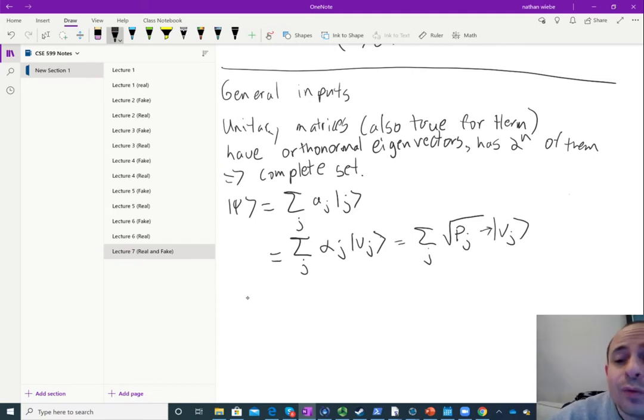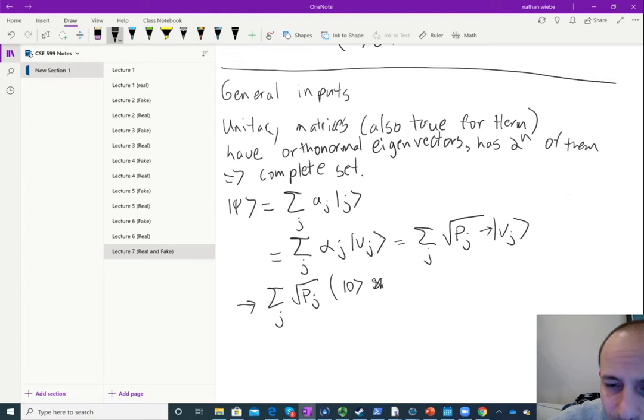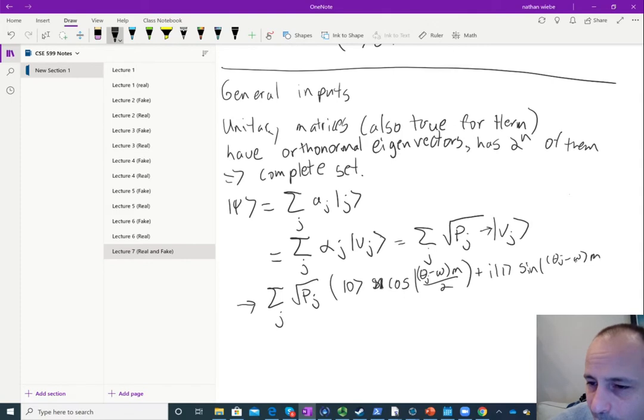Well, by linearity, after a little bit of trigonometric simplification, it ends up mapping to the sum over j of square root p sub j, |0> cosine of (theta j minus omega m) over 2, plus |1> i sine of (theta j minus omega m) over 2.